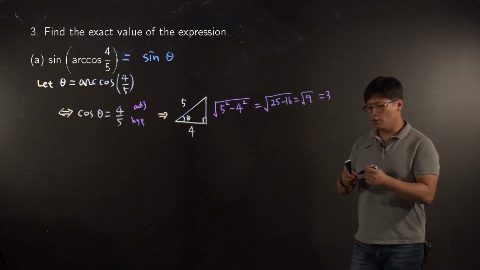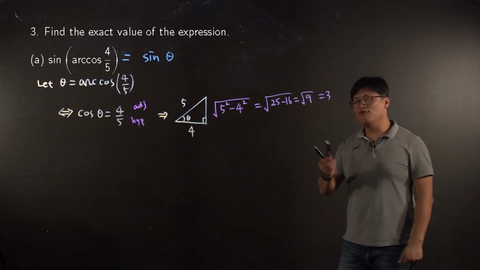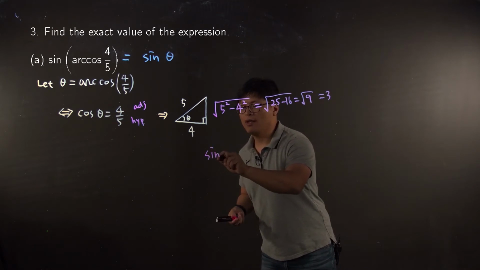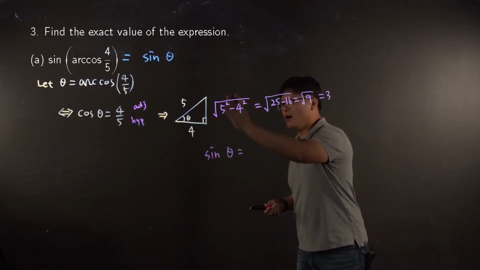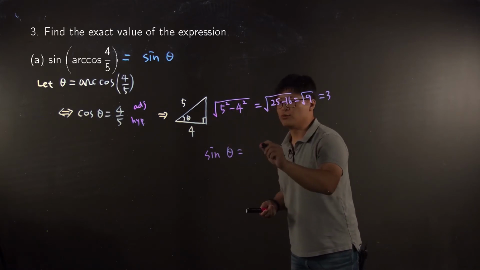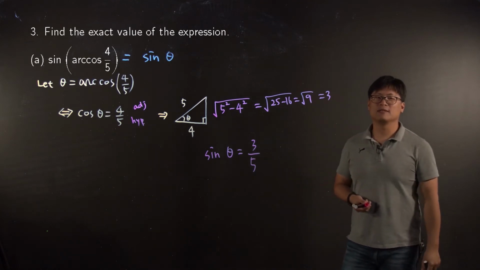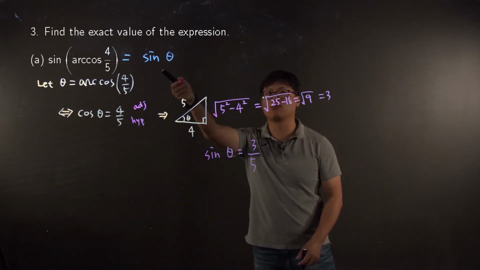Now let's focus on this right triangle. Can you find sine theta for this triangle? What is sine theta? It is opposite over hypotenuse, which is 3/5. But you know what? I'm done, because in the problem we already changed the problem into sine theta.